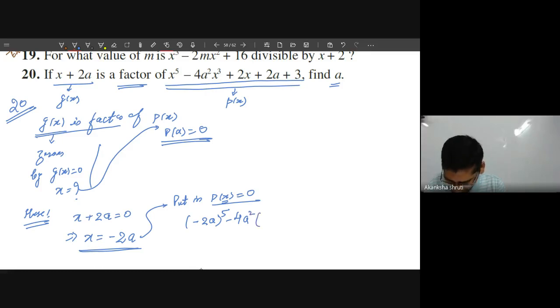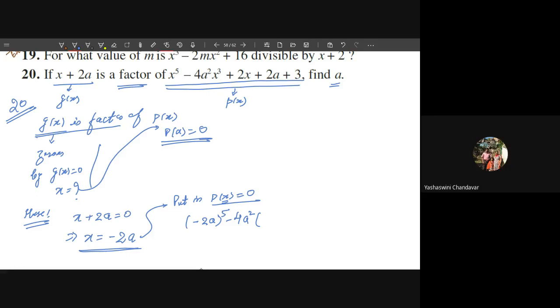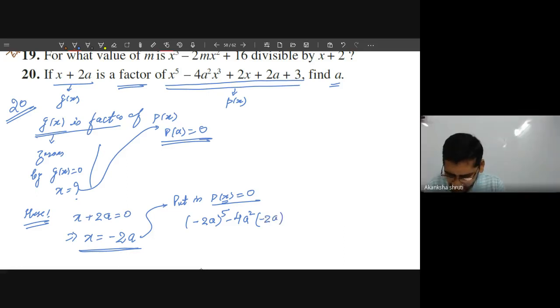Another, in place of x, minus 2a. Minus 2a whole cube we have to substitute. Plus twice of minus 2a we have to take. Plus 2a plus 3. This we have to take.